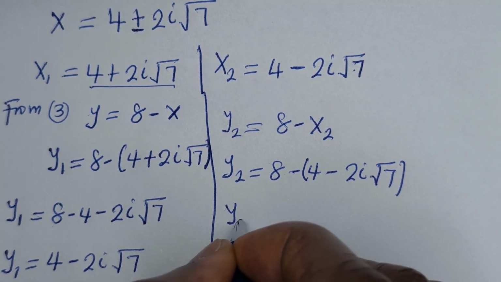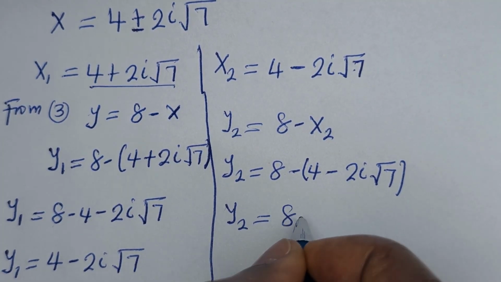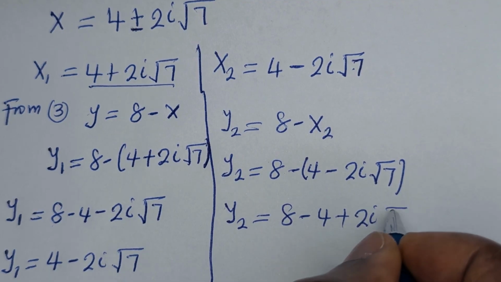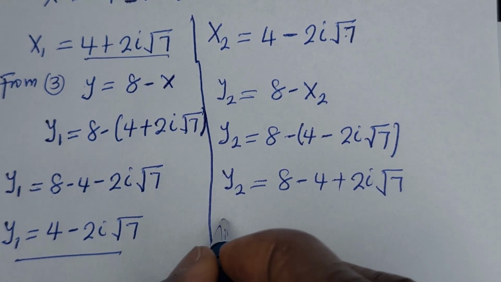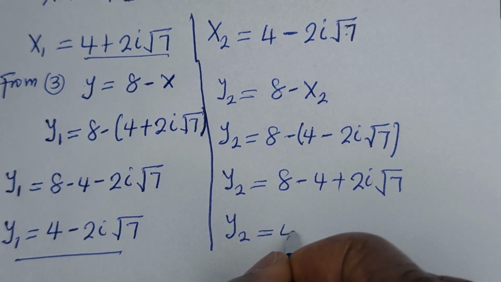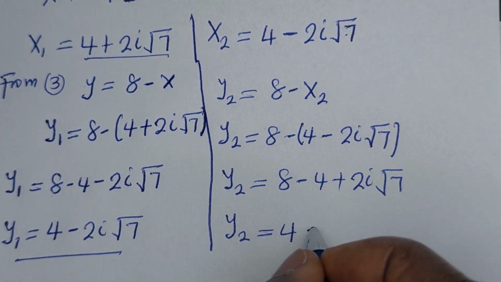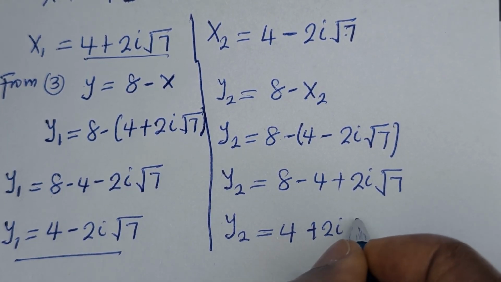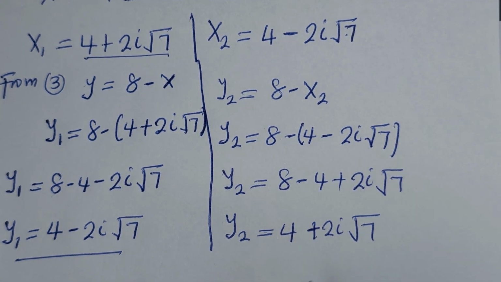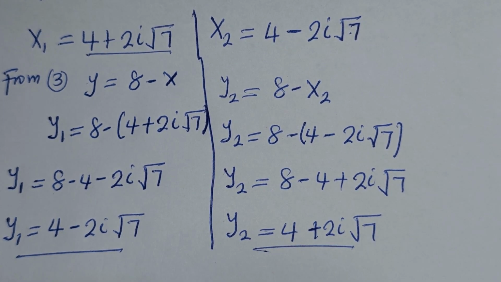Then y2 is equal to 8 minus 4 plus 2i root 7. y2 is equal to 4 plus 2i root 7. This is the value of y2.